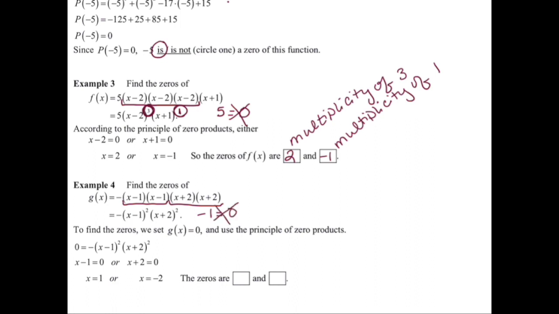But when I set x minus 1 equal to 0 and x plus 2 equal to 0, we have the two solutions of 1 and -2. 1 has a multiplicity of 2, and negative 2 has multiplicity of 2 as well, because they both are to the power of 2 here.